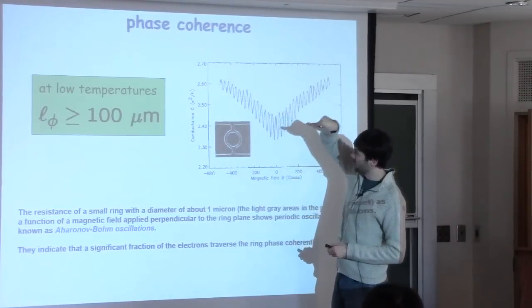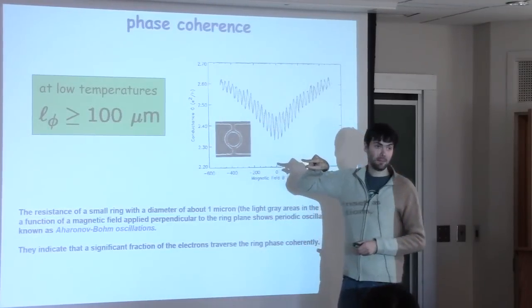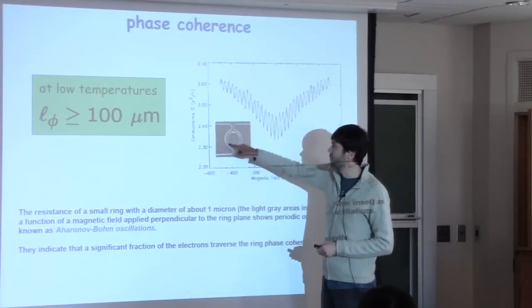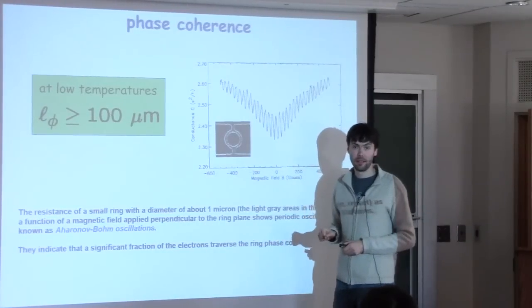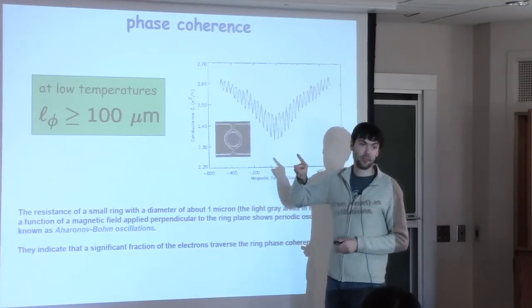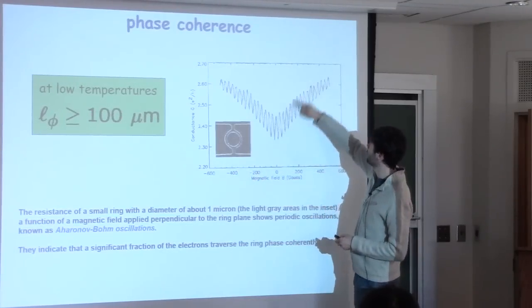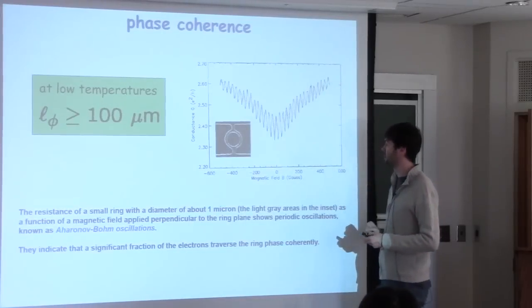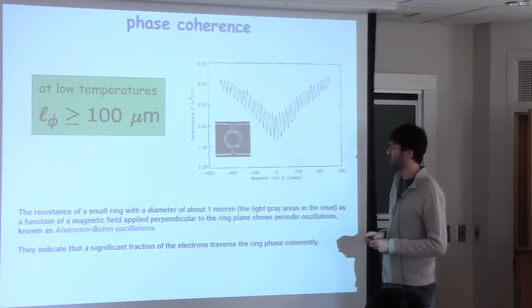Then we apply a magnetic field this way, and based on how much flux threads this ring, we get constructive interference at the drain or destructive interference. Yeah? And those are the Aharonov-Bohm oscillations that are associated with that process.